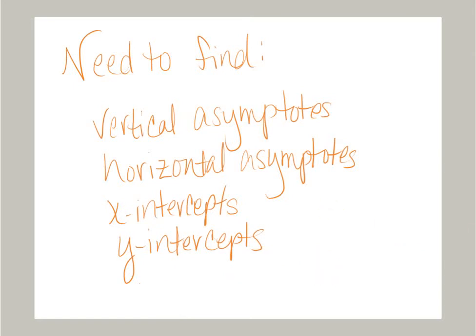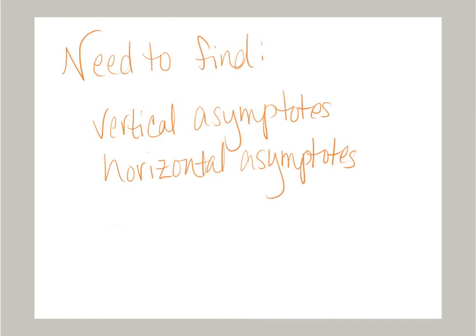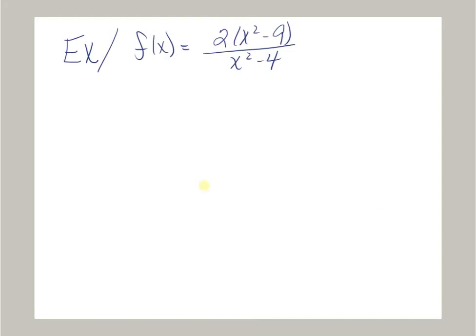Let's take, for example, f of x is equal to 2 times x squared minus 9 over x squared minus 4. The first step to graphing any rational expression, as far as I'm concerned anyway, is to factor everything.